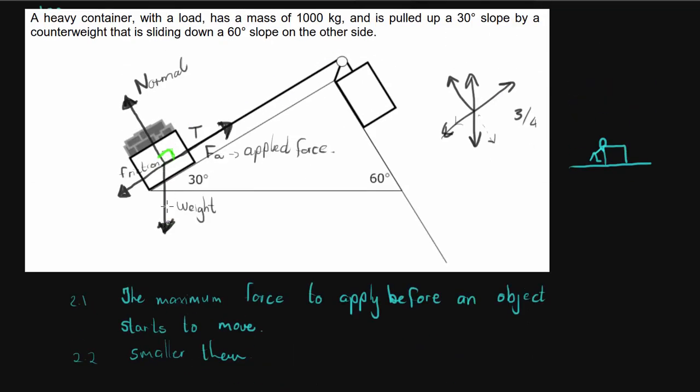Weight is having some effect. A part of the weight is weighing down on the surface, so the normal force counters that part, but another part of the weight, this component of the weight, is pulling it down. So both weight and friction are in the opposite direction.